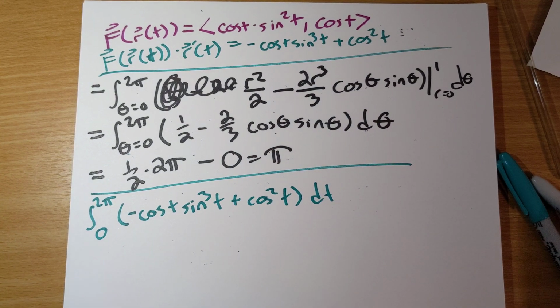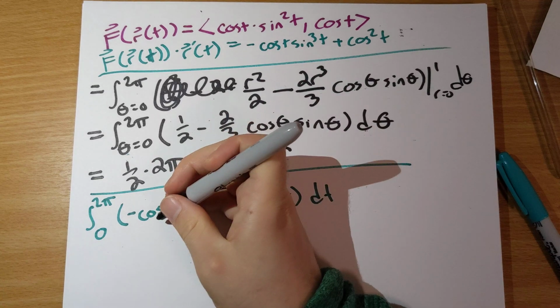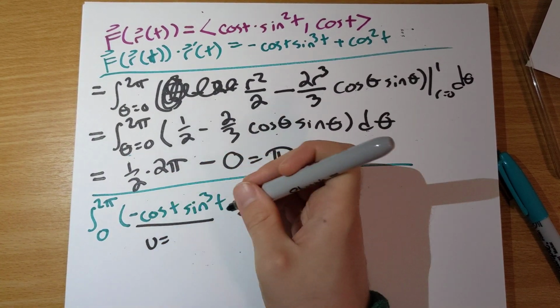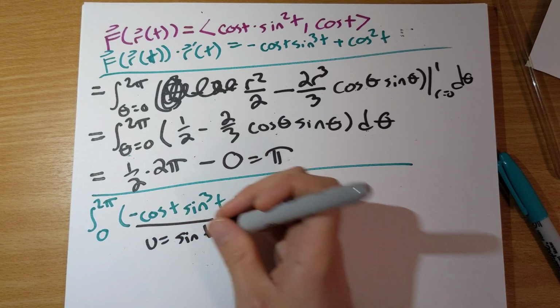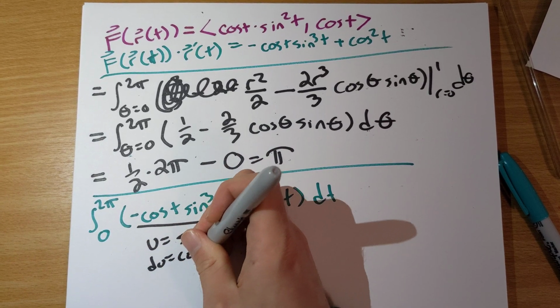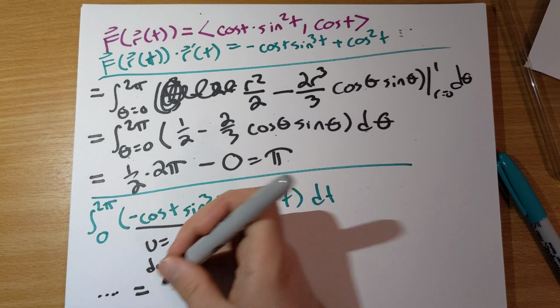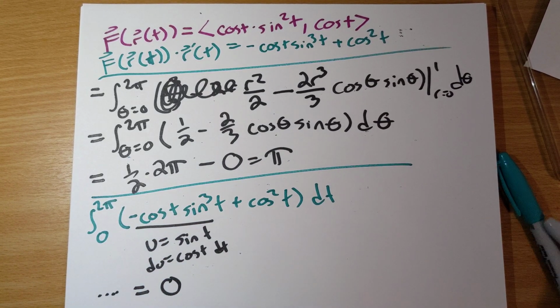And again, in the interest of time, let me just write down the final answer here. If you integrate this first term, you can do it by setting u equal to sine t and du equal to cosine t dt. This part will give you 0.